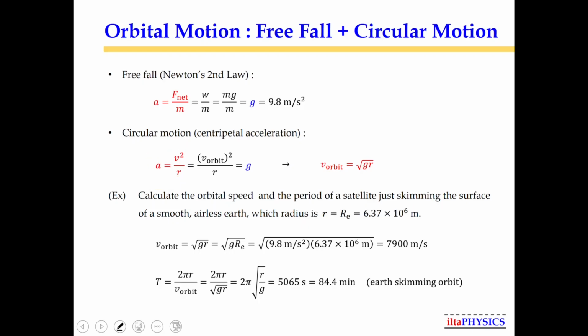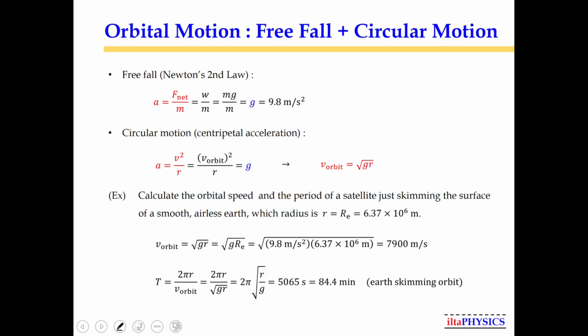If we call the velocity of the orbiting object v-orbit, then by combining the definition of centripetal acceleration with the gravitational acceleration we just discussed, we can express the orbital velocity as the square root of gravitational acceleration times orbital radius. This equation is extremely important. It's the formula used to find the orbital velocity of an object in orbital motion.